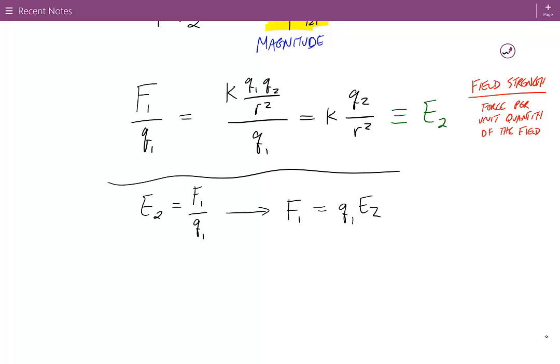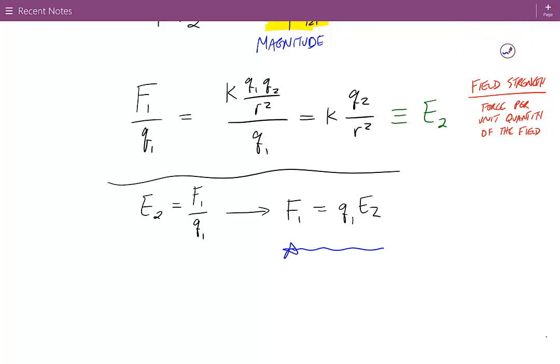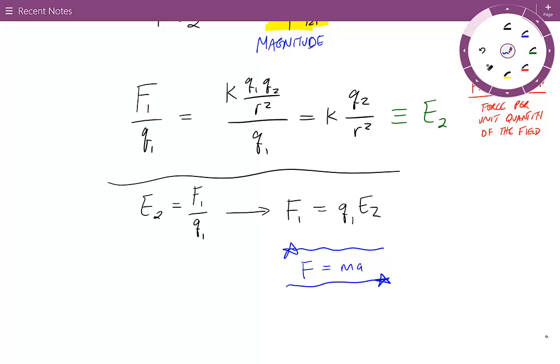And so this has a nice parallel with, so we're going to write out Newton's second law here and just think a little bit about the parallels between these two things.